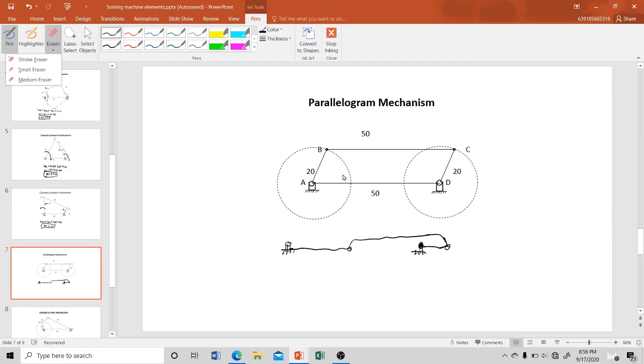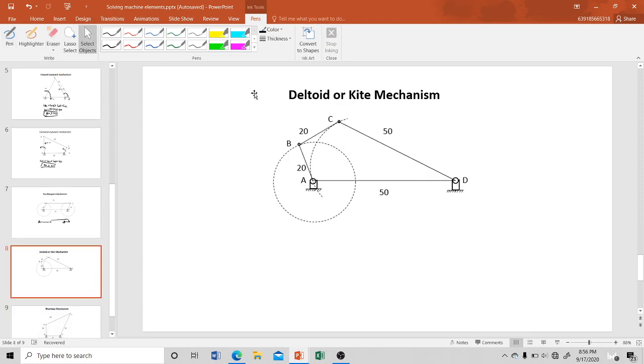So here, the sum of L minimum plus L maximum is equal to the two remaining links. Then we have the deltoid or kite mechanism, when the equal lengths of the links are adjacent to each other and the longer length is held fixed.